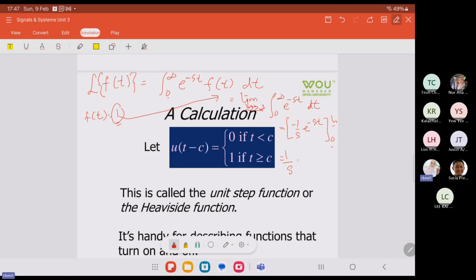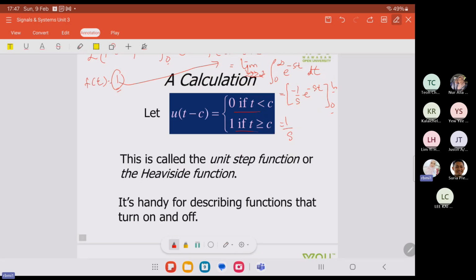For this one, we call it the unit step because the function is 1, the unit step function or the Heaviside function. We can consider this as a switch because it is either true or false, high or low.